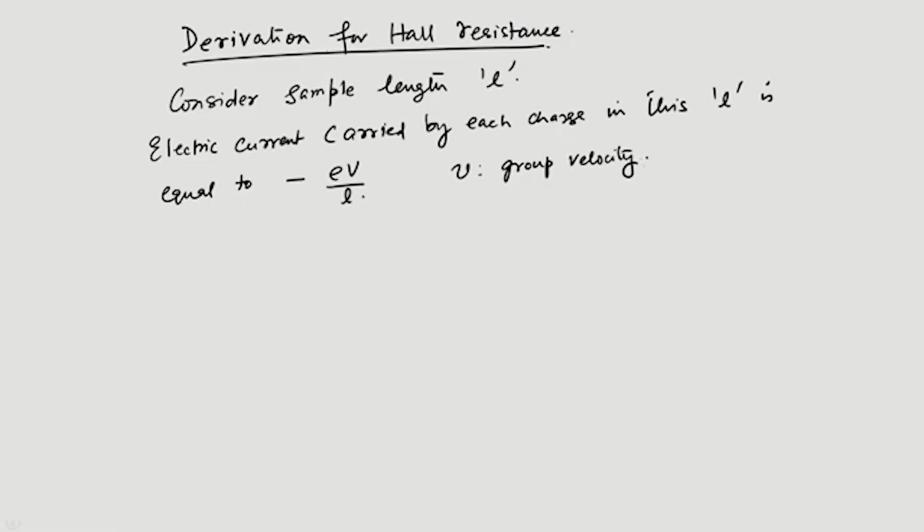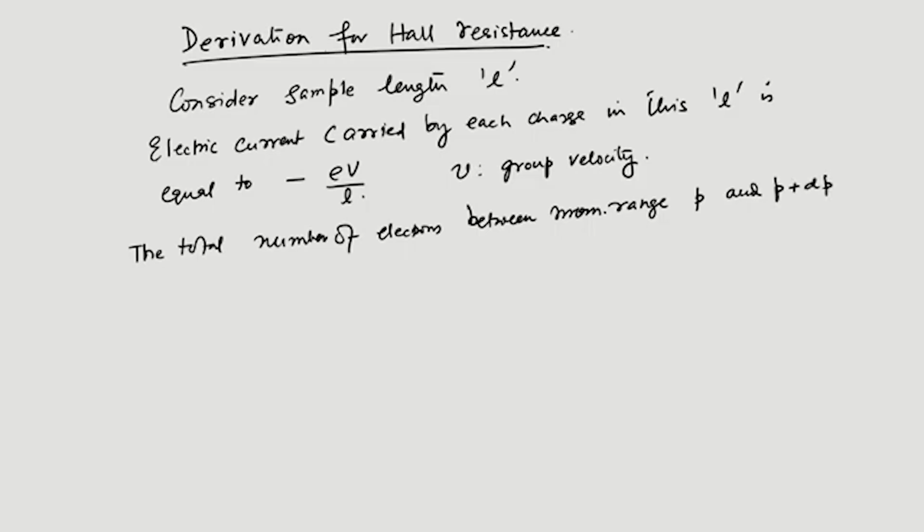Okay, and of course e is the electronic charge. So the total number of electrons between the momentum range, I am writing it in short, momentum range p and p plus dp, not writing it as a vector because here it does not matter.